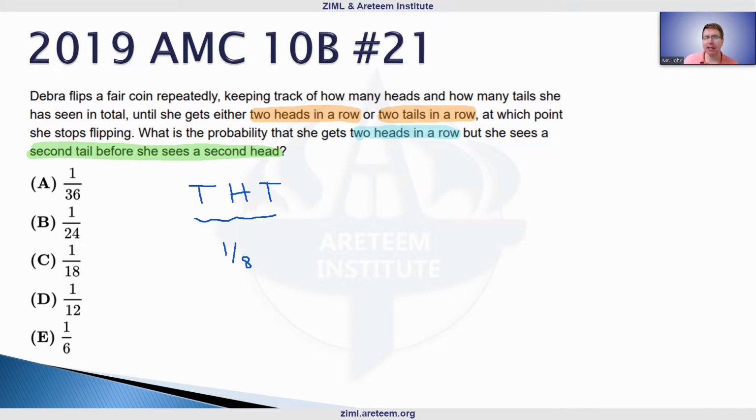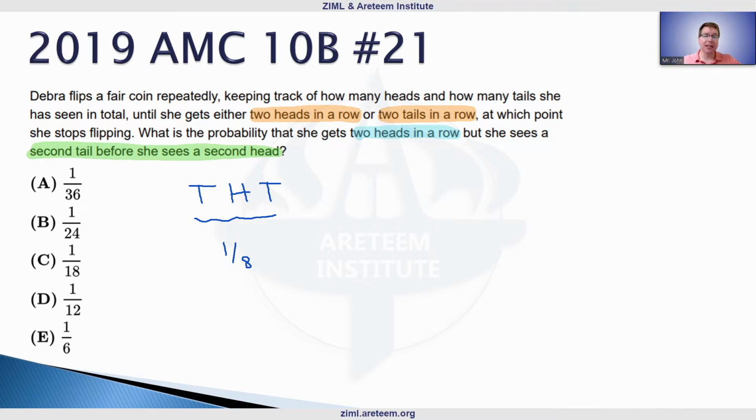Now, there's a lot of different things that can happen from here. And for a lot of counting questions, it really doesn't hurt to start writing down the things that can happen. Try to see if you can look for a pattern, see if you can look for some similarities, and that will oftentimes be the way you come up with the solution.